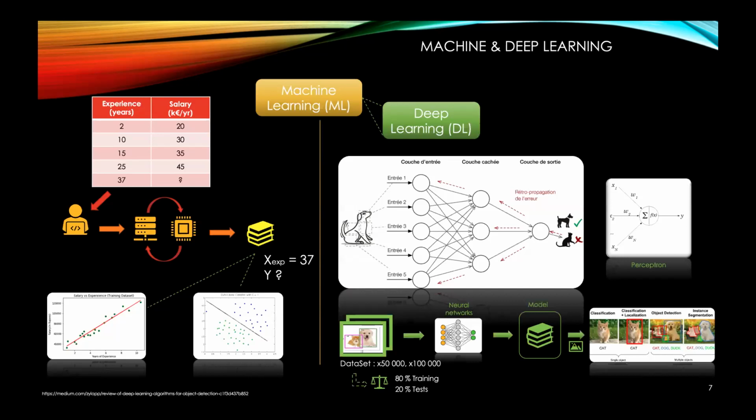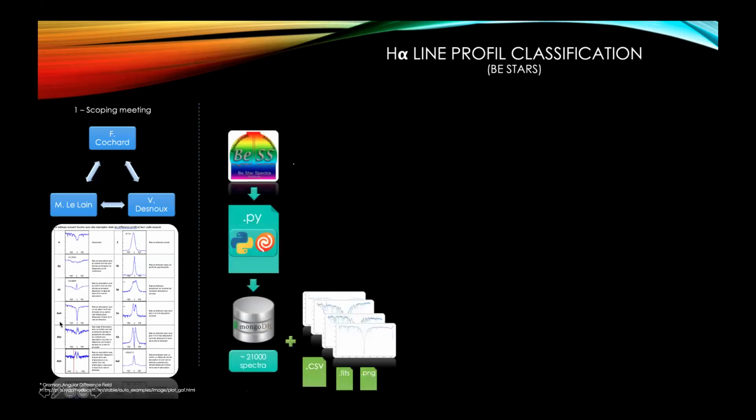She takes some spectra in the BASS database and tries to look at some stars, saying okay, this is an emission line, this is an absorption line, emission with a little absorption, and she tried to create a codification of all these profiles. So we had a meeting, and we decided, okay, let's try to do an automatic classification of it. So I created a dataset.